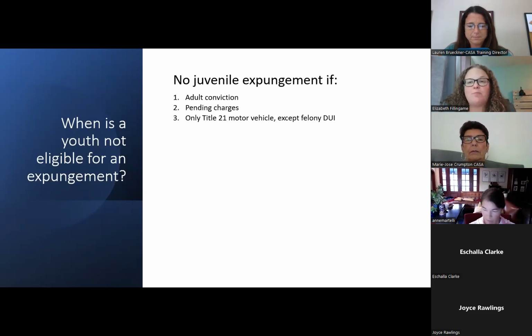Yeah, so best practice, I'm going to show you the email that I typically send to the child attorney and the coordinator in a few more slides. And it's got the information that tells them what kind of expungement they qualify for, the date they qualify for it, and why they qualify for it. Best practice is to give the youth a copy of that, either when they turn 18 or are aging out, or when they finish extended jurisdiction, and just try to impress upon them the importance of this.